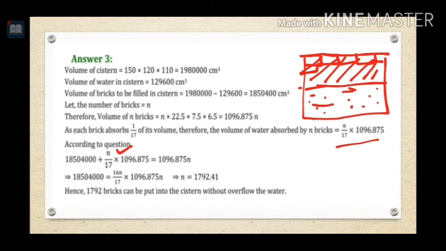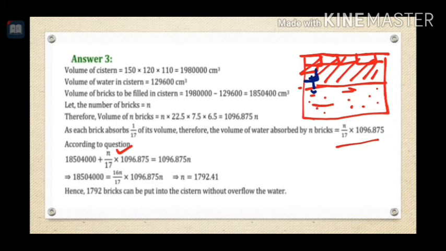Again, when you are filling bricks in this cushion, they will absorb some water. When you are putting in bricks, they absorb some water. That means the volume of water in the cushion will decrease when you are putting in bricks.